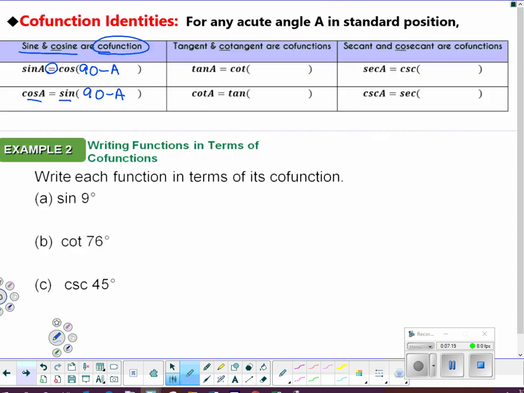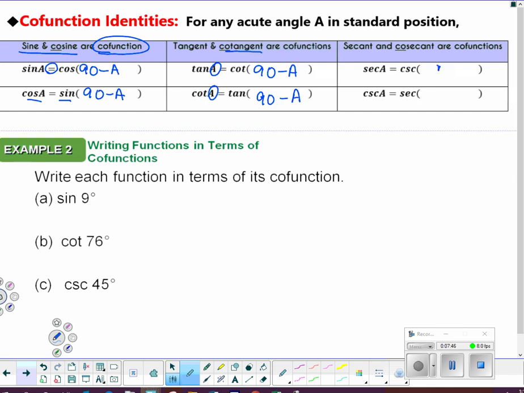And 90 minus one of the angles gives me the cofunction idea here. Tangent and cotangent are cofunctions. And 90 minus angle A. This angle A we're referring to is what we're starting with for an angle, written out as cotangent of angle A, and 90 minus A.